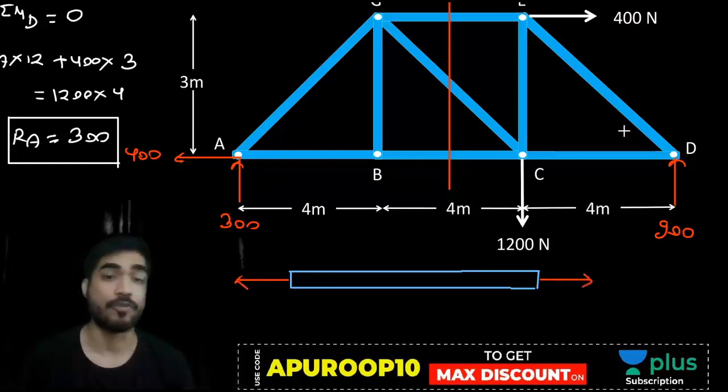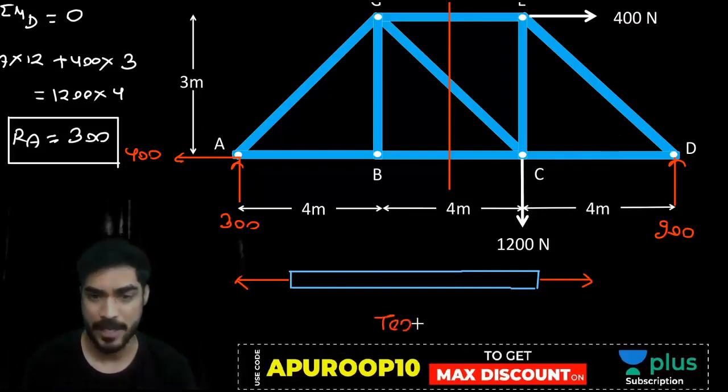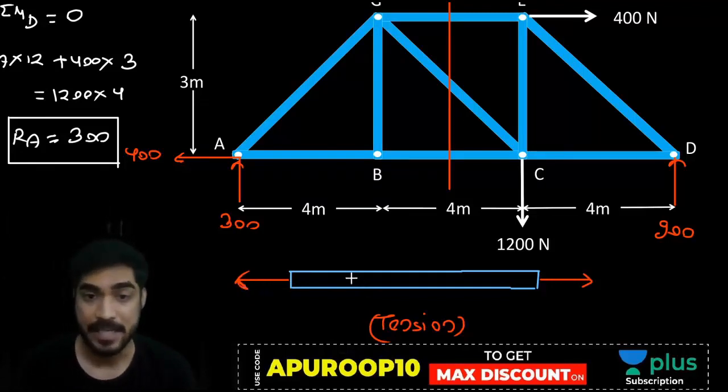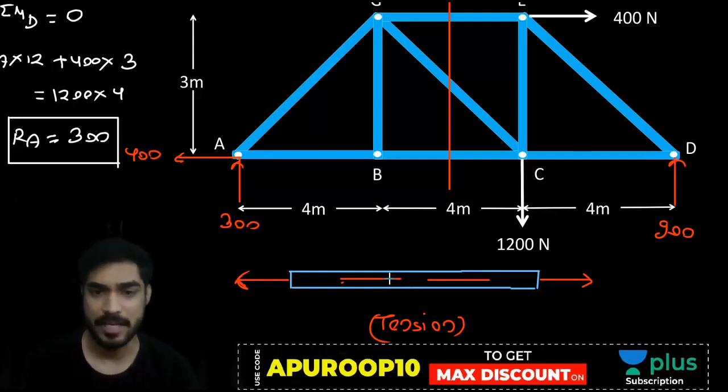Externally, tension force will look like this. But internally, tension will look opposite. Internally you will see that the tension force is opposite. It will look like compression. Internally, tension will look like compression.